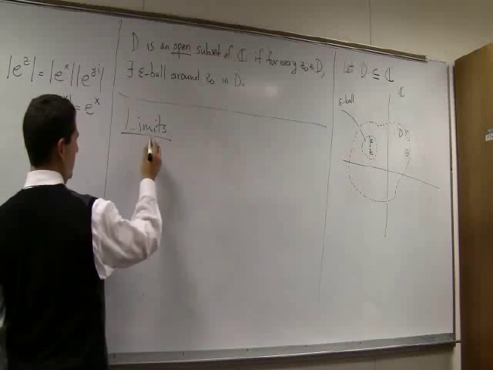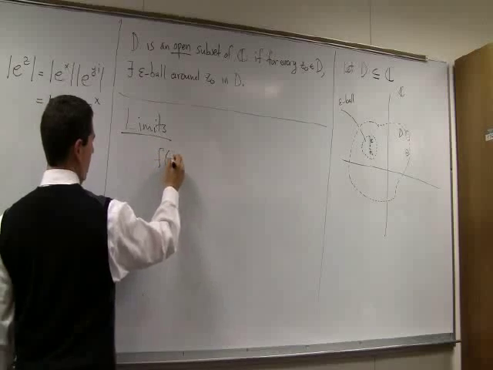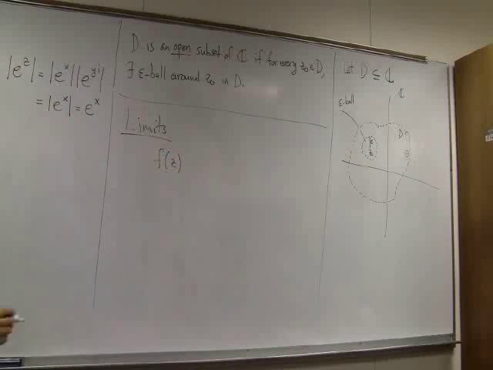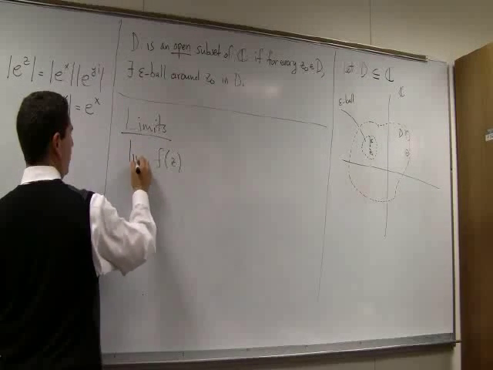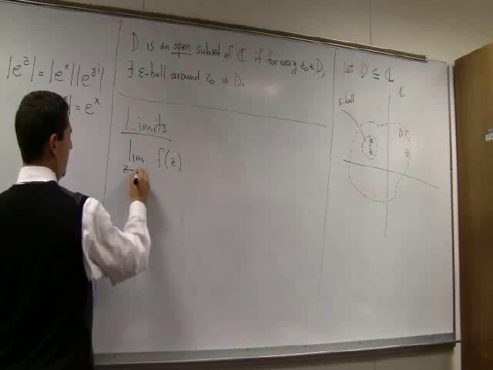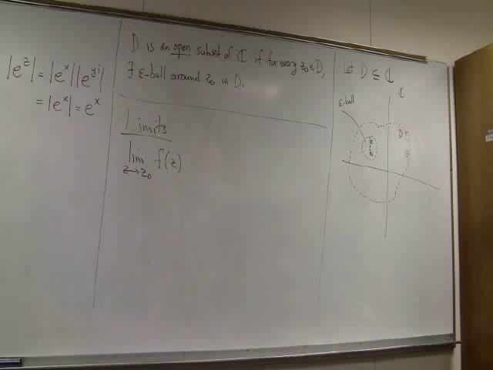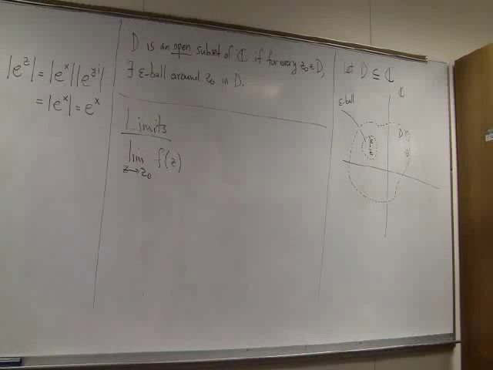So let's say we have a function f of z, and I want to know what I mean by taking the limit as z goes to, say, z naught. Of course, it should mean what we all think it means.